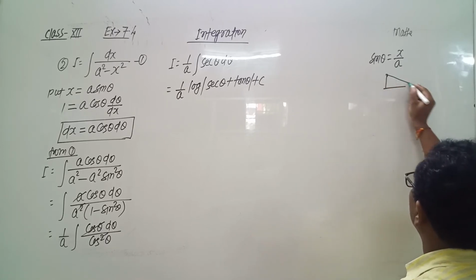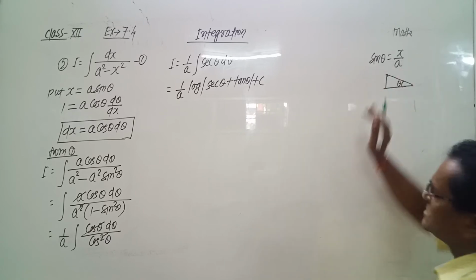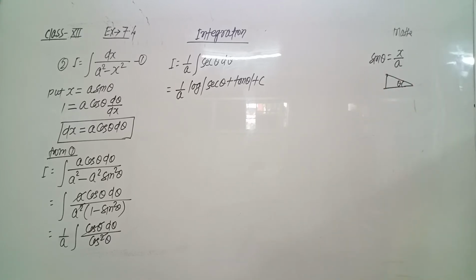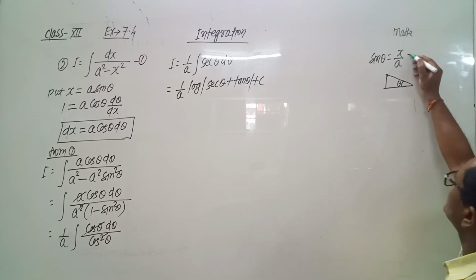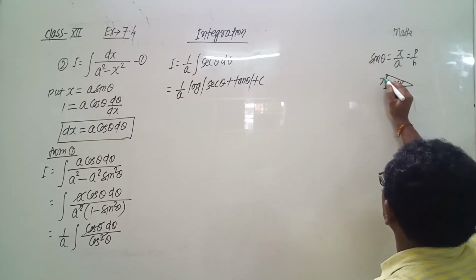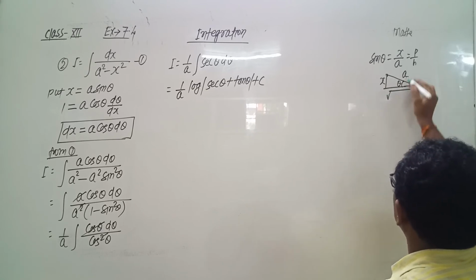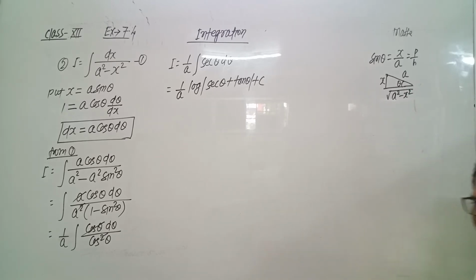Make a triangle, where this acute angle is theta. Sin theta is perpendicular upon hypotenuse, so perpendicular is x, hypotenuse is a. So we calculate the base, which is root over a square minus x square.